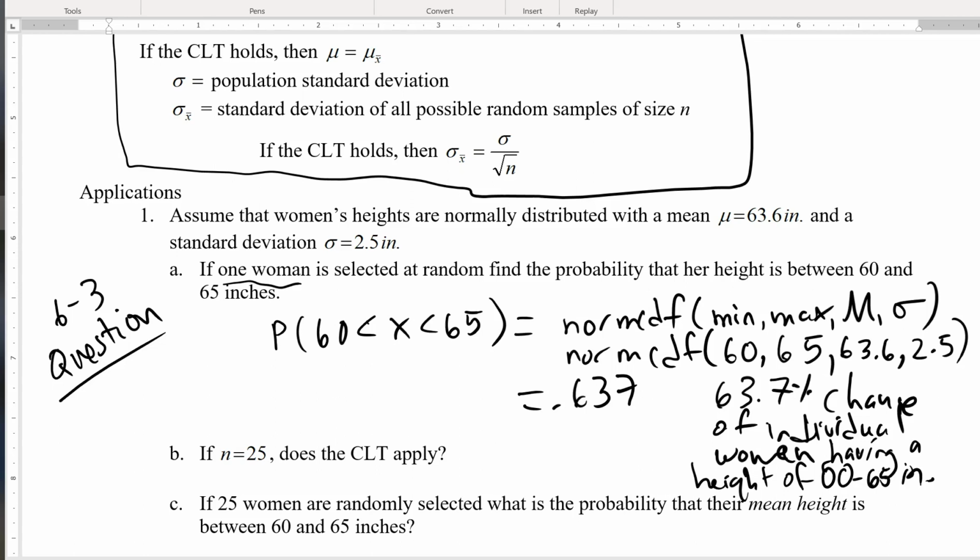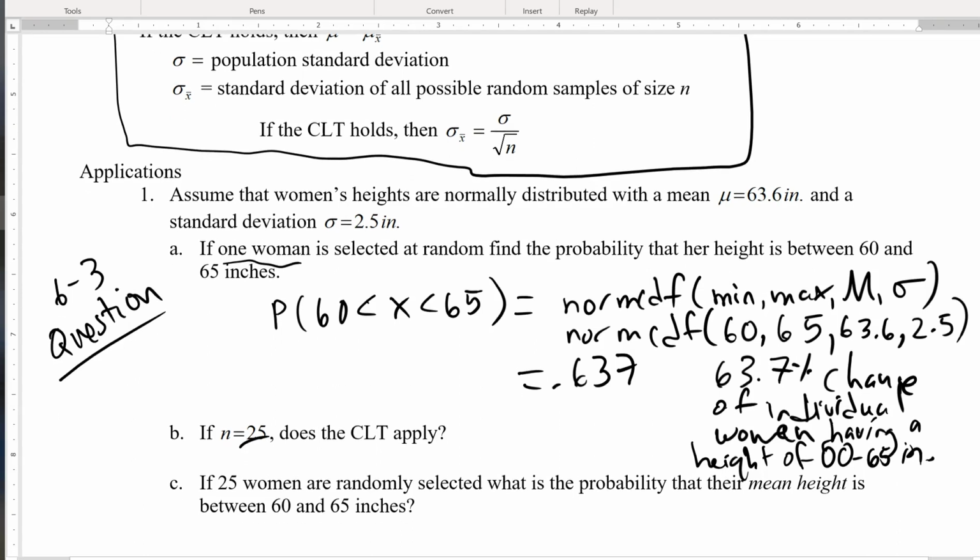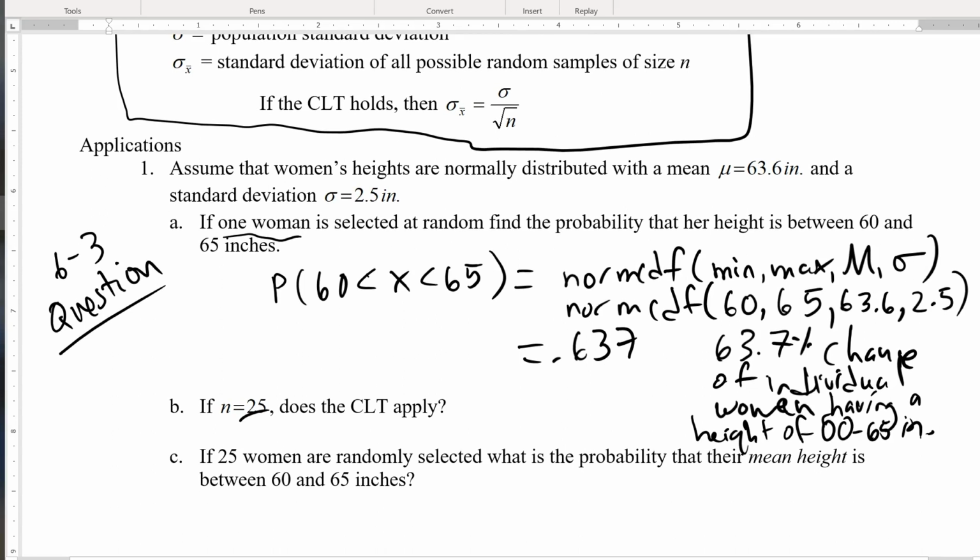Okay? Does the central limit theorem apply? Well, the sample size is 25, so my temptation is to say, nope. They said more than 30. So we're done with this question, right? Well, no, we said the central limit theorem works if we have more than 30, or if we know the population is normally distributed. Do we know the population is normally distributed? Somebody's like, yeah, well, look at your screen.